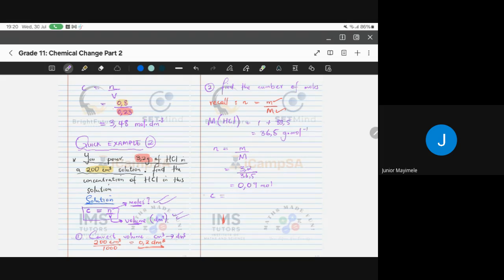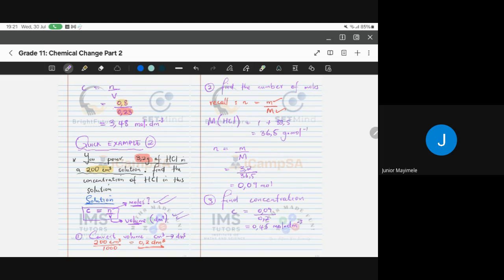C is n over V. 0.09 over V, which we said is 0.2. 0.09 divided by 0.2 should be 0.45 mole per cubic decimeter.